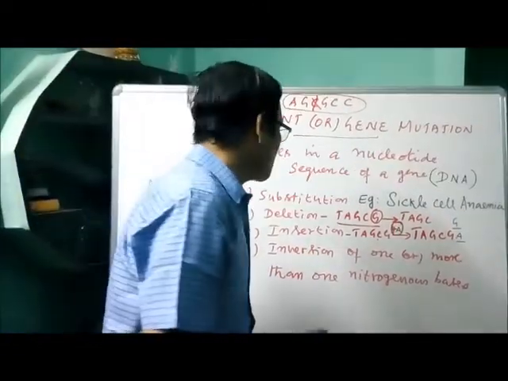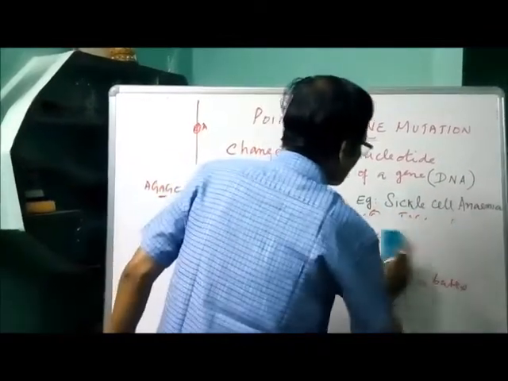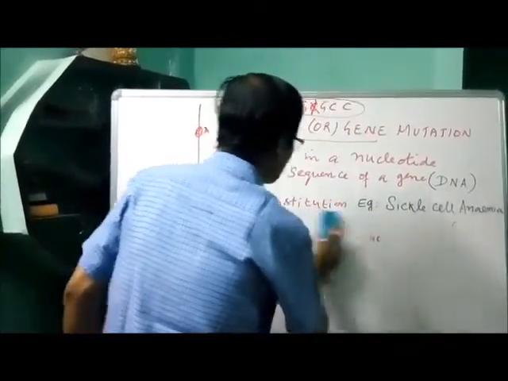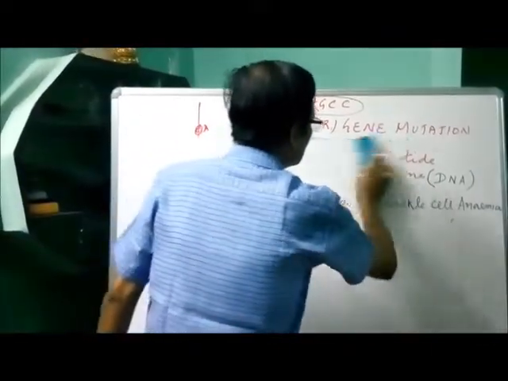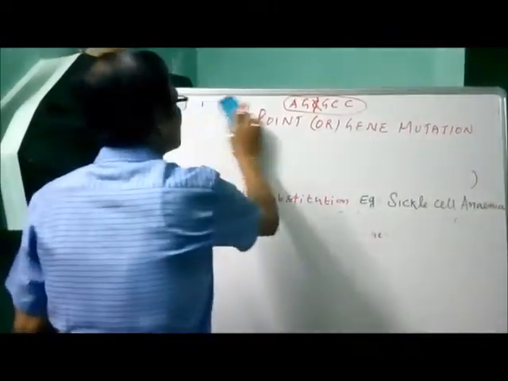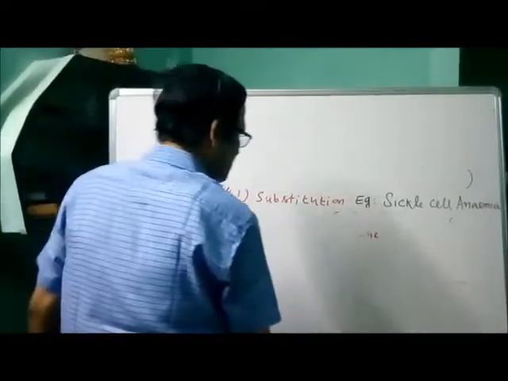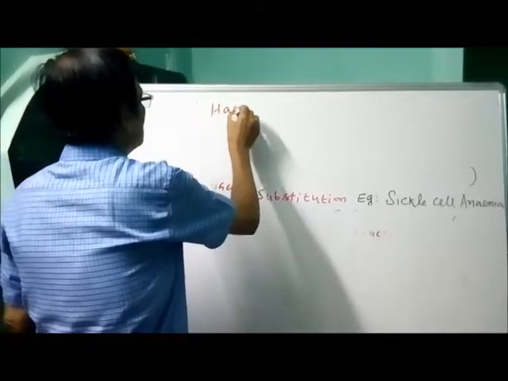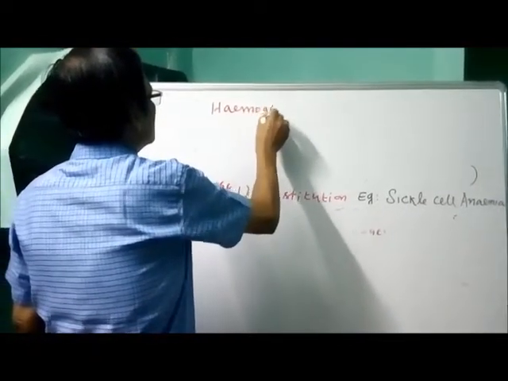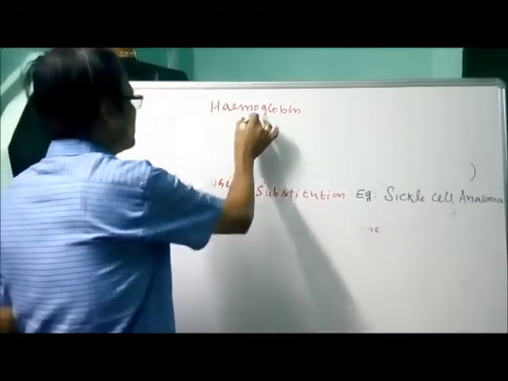I'll tell you one example. An example of the substitution mutation is sickle cell anemia. What is sickle cell anemia? It is an example of a substitution mutation. Now, hemoglobin, the respiratory pigment, the red pigment present in the RBC, is formed of two components.